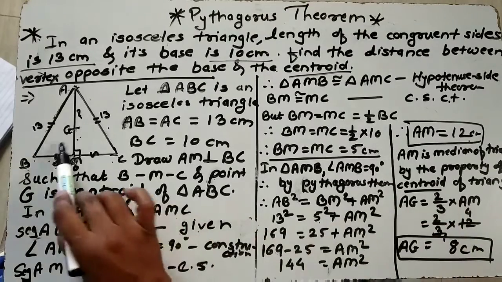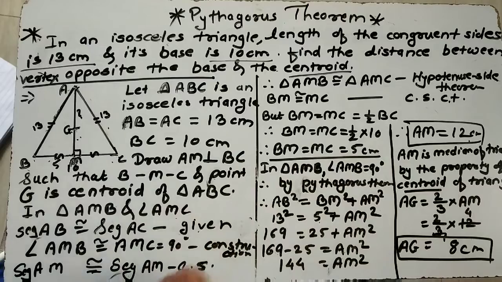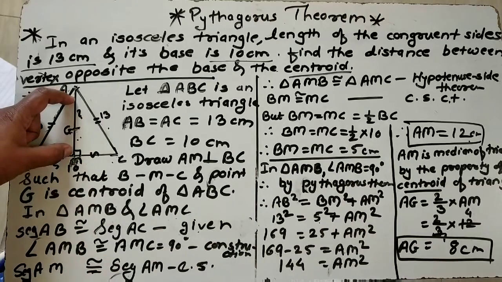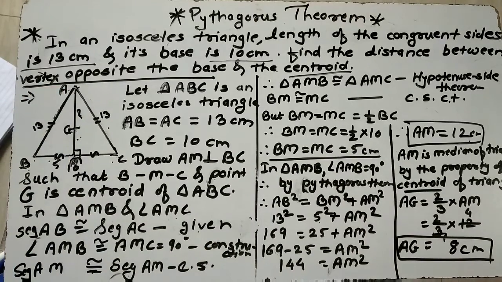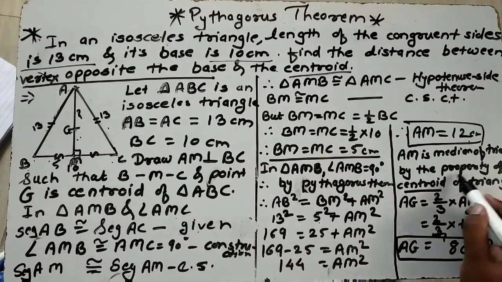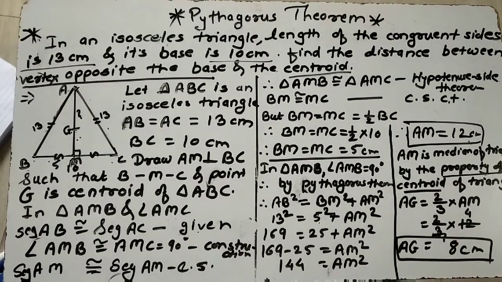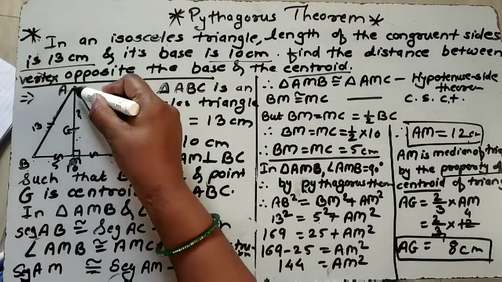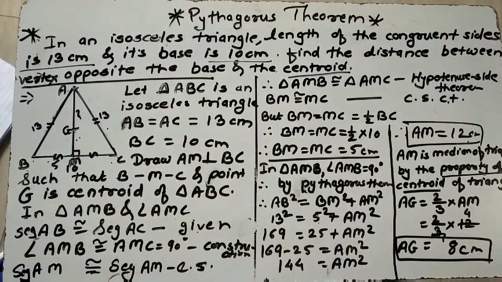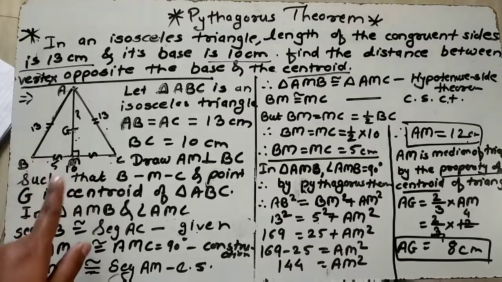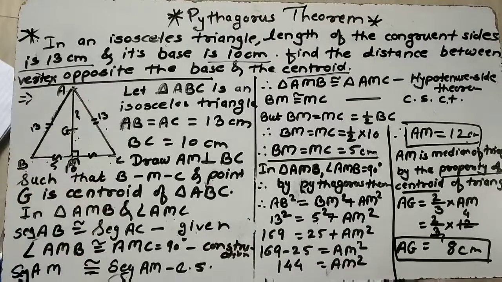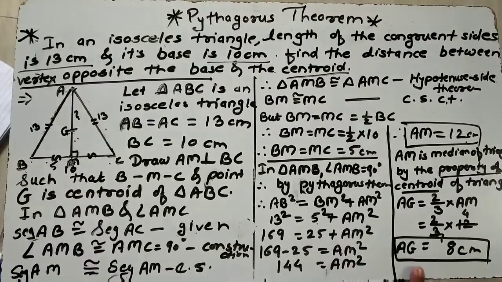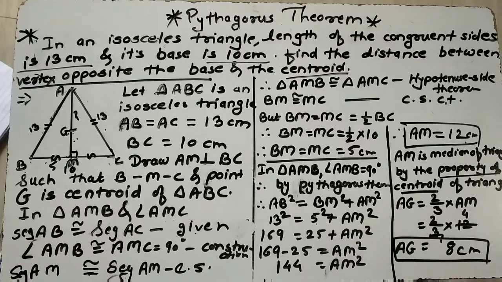After that, in any one of these two triangles, use the Pythagoras theorem and find the value of AM. Once you got the AM value, use the property of the centroid of a triangle, that AG is 2/3 of the median. So AG is equal to 2/3 of AM. AM's measure is 12, just put it here, and AG is equal to 8 centimeter.